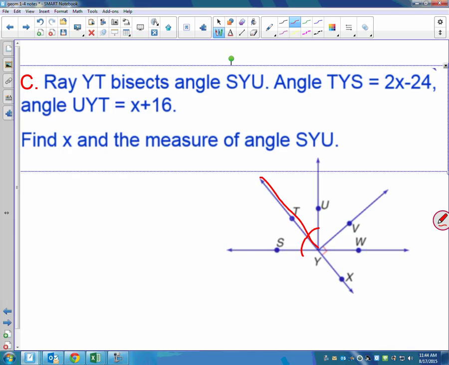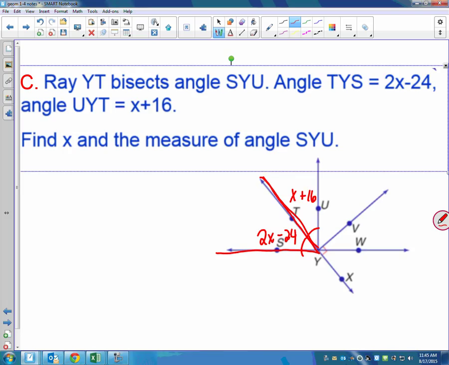Angle TYS is 2x minus 24. So can you find that angle? Angle TYS. Fill it in. I'm going to write 2x minus 24. That's equal, right? So that one's right there. Same thing, right? It should have to equal the same thing.